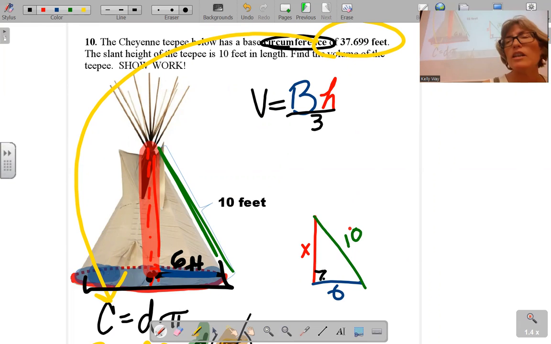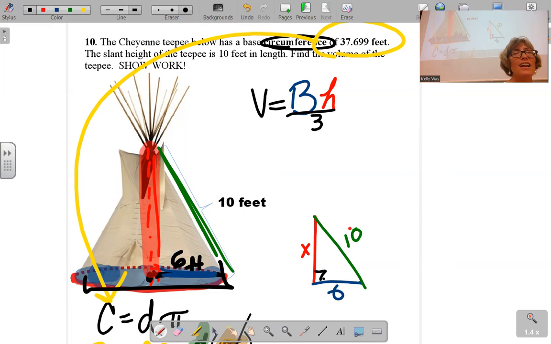Have two sides, need third side. Solve. Let's keep the pencils moving, gentlemen.